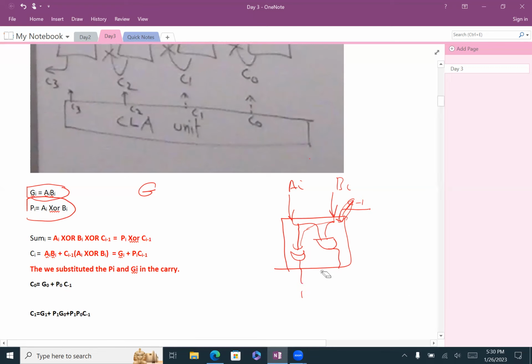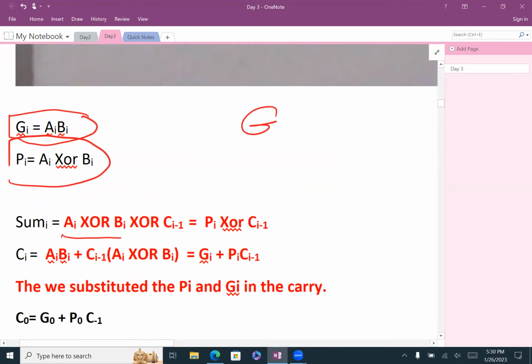All right, so now, from previous, what is the equation for the sum? Remember? Now I like the laptop more. So we will have the sum equals A XOR B XOR C of I. And if you see this one, what is this?